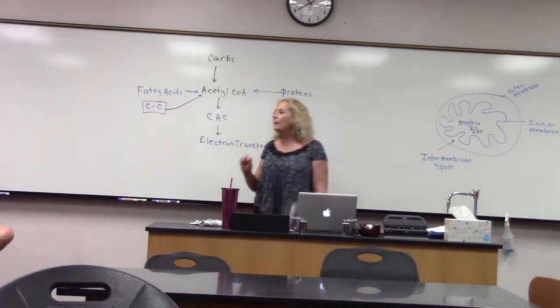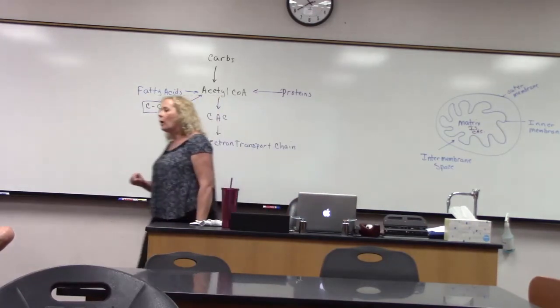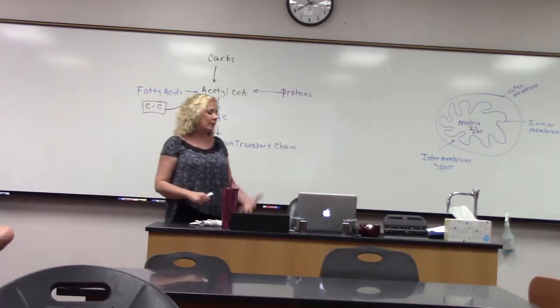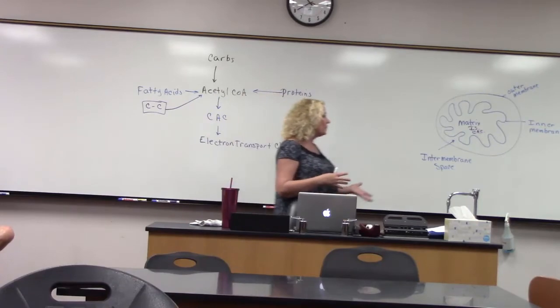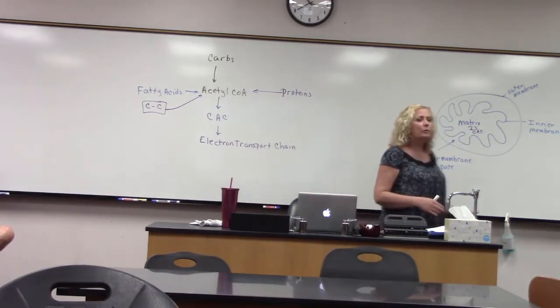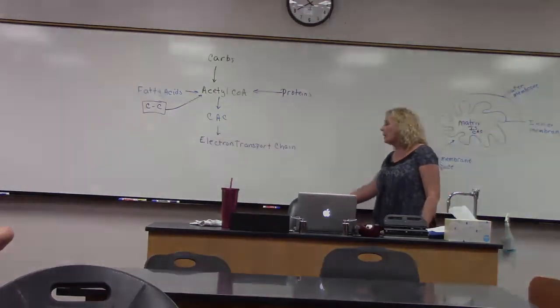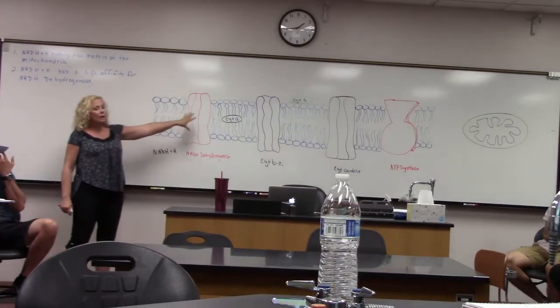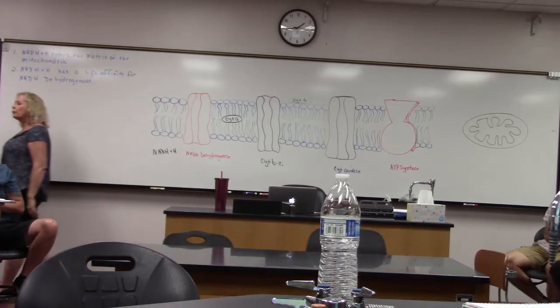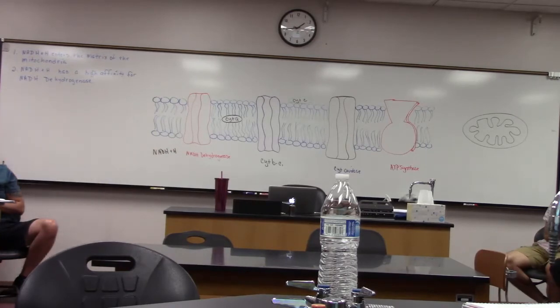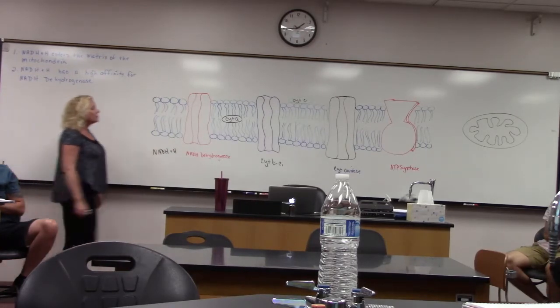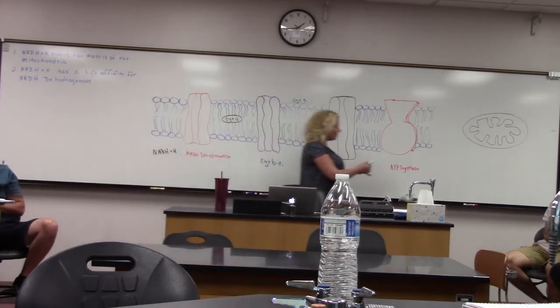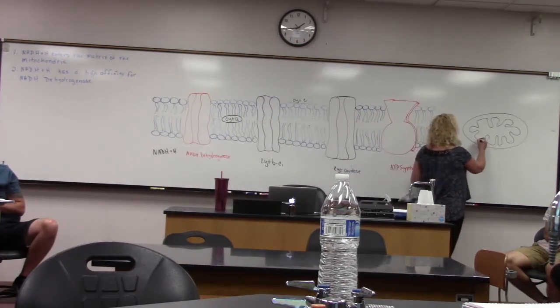Now, both the inner and the outer membrane of our mitochondria is just like our cell membrane, made up of a phospholipid bilayer, integral proteins, all that kind of good stuff, okay? Okay, so this entire chain right here is what we refer to as the electron transport chain. Now, this chain is found on the inner membrane of the mitochondria.